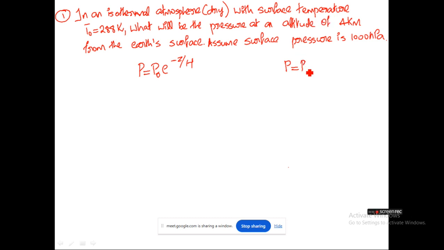So P is the pressure at height Z, which we basically have to find out. P0 is the surface pressure. Z is the height.